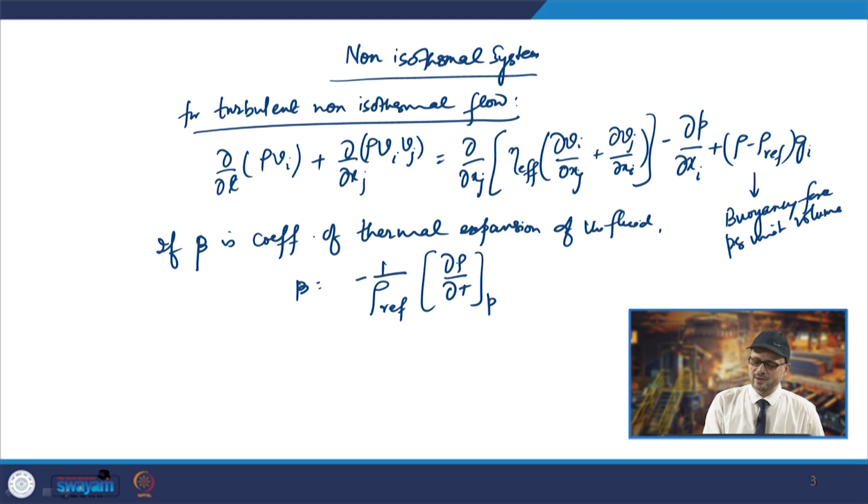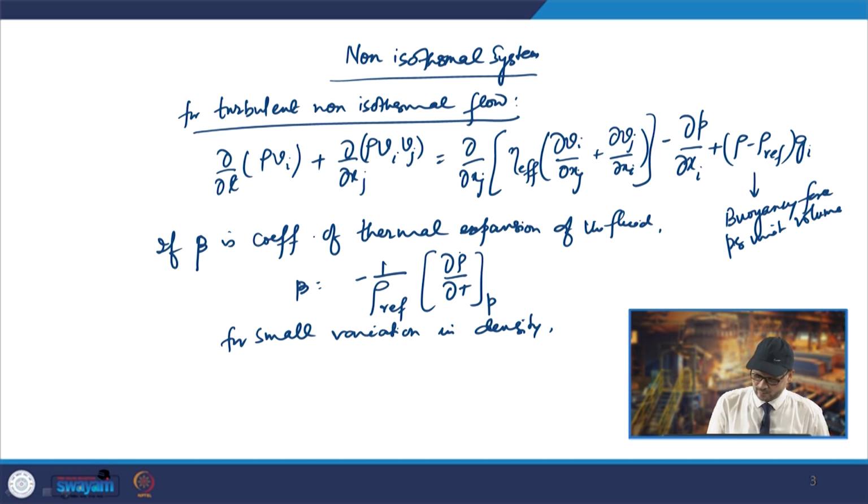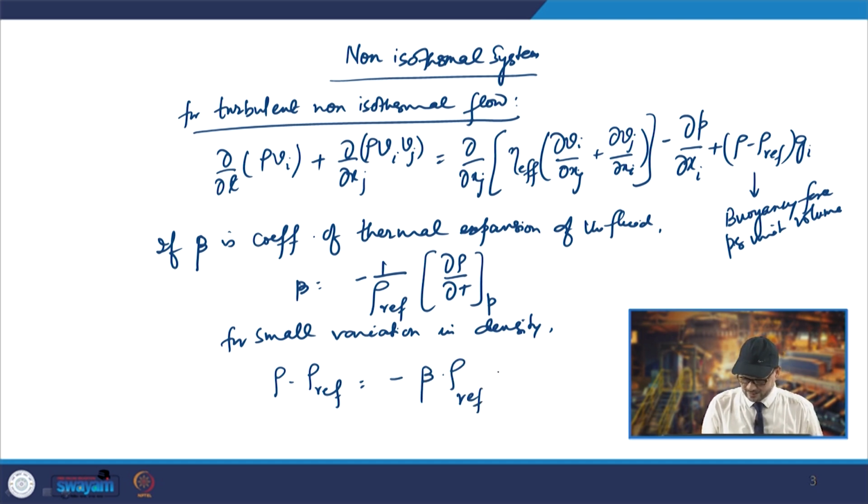In that case, this rho minus rho reference will be beta into rho reference into delta T. So, for a small variation in density, you can write that this rho minus rho reference, that is dou rho, will be equal to minus of beta into rho reference, and then you will have delta T. So, rho reference is the reference density, and in that case this Navier-Stokes equation can be further rewritten.